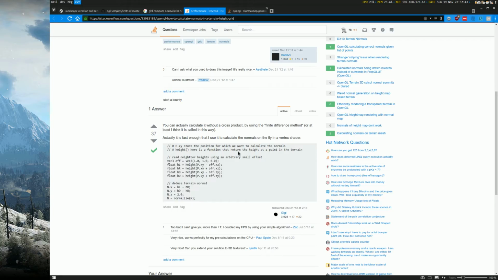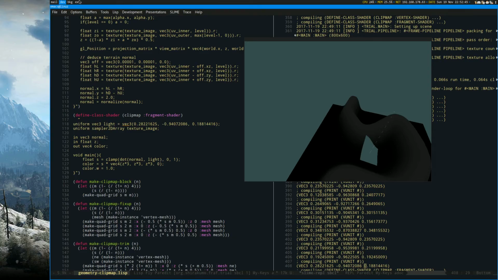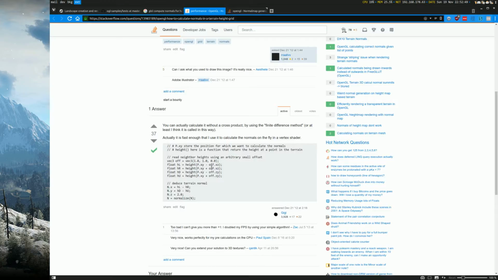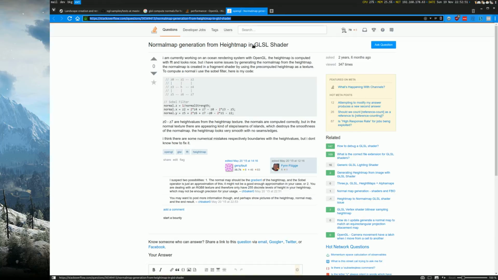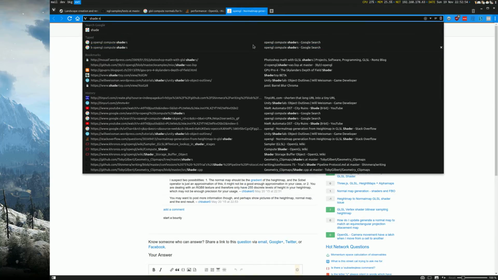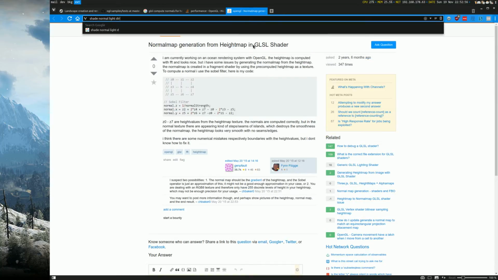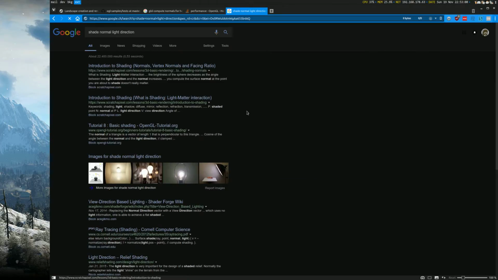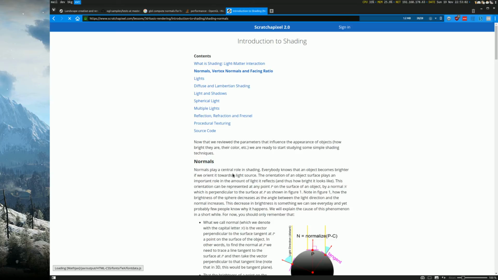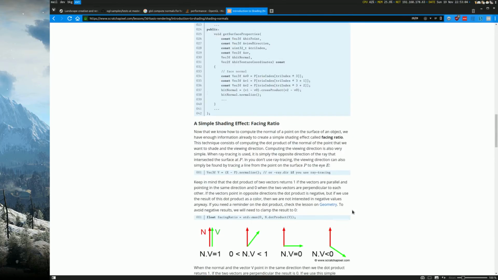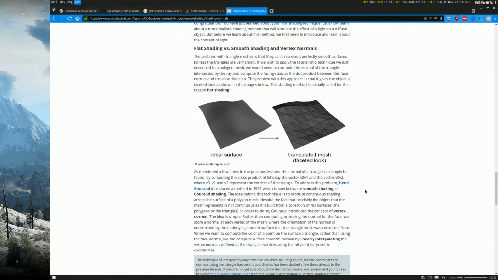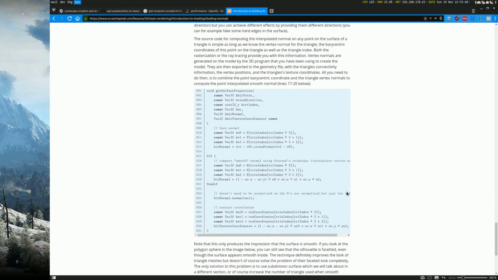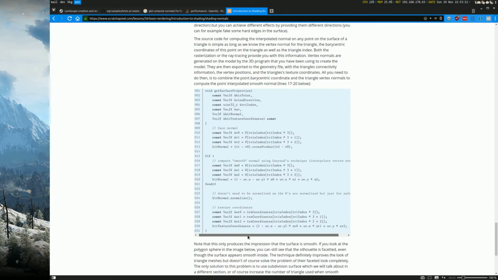So, hold on. Could actually just specify that as a thing. Shade, normal, right direction. Never done any shading work in a thing, so... Wow, that seems like a lot more code than necessary.